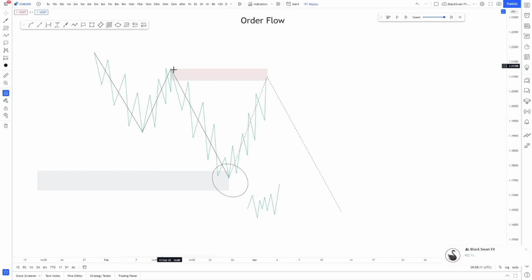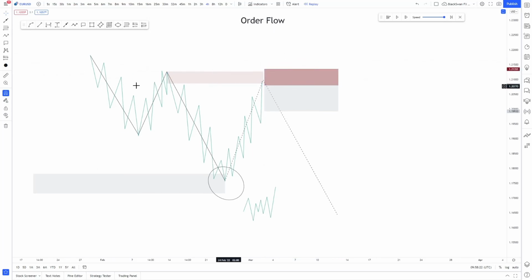So we simply don't just wait for price to come into our supply zone and think, great, I'm just going to sell because this is a strong high, so it's got to be respected, so I can just trade it all the way down. No, you have an expectation of order flow, and your expectation is that when we trade into our unmitigated supply zone, which we'll be covering more in the next series, we're going to see a shift in order flow, and that shift gives us the confidence and the ability to then take a trade.